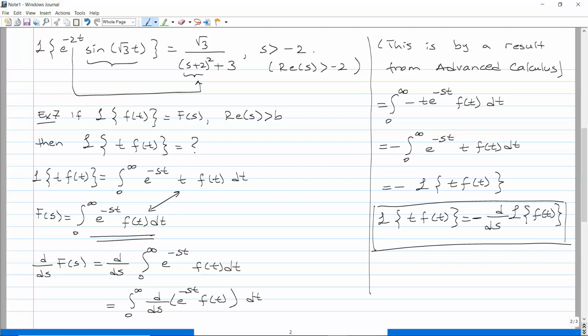Okay, so example 7a, we can apply this to an example we already did: the Laplace transform of t to the n, n greater than or equal to 1. So I consider this as t times t to the n minus 1. So this is minus the derivative with respect to s of the Laplace transform of t to the n minus 1.